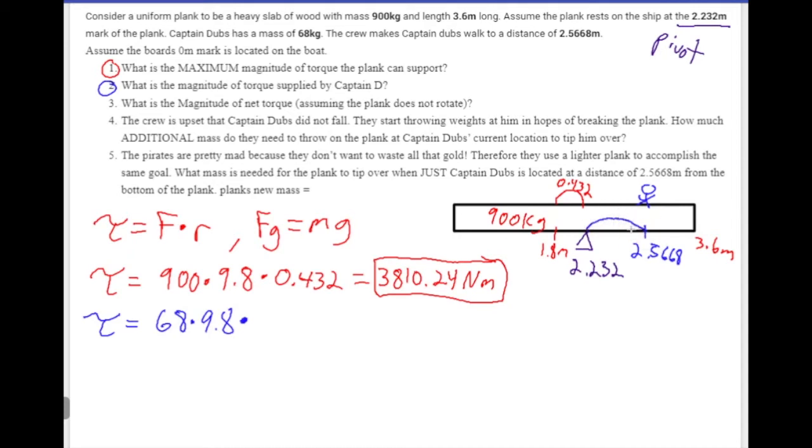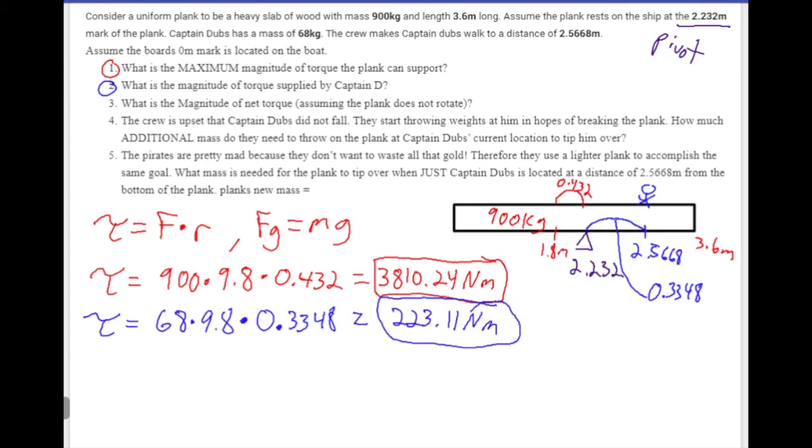So that would be 2.5668 minus 2.232. That would give him a distance of 0.3348 meters. So I'm going to take that and plug that in for R over here, 0.3348. Multiply everything through, and I find out that my torque supplied by Captain D should be 223.11 Newton meters.